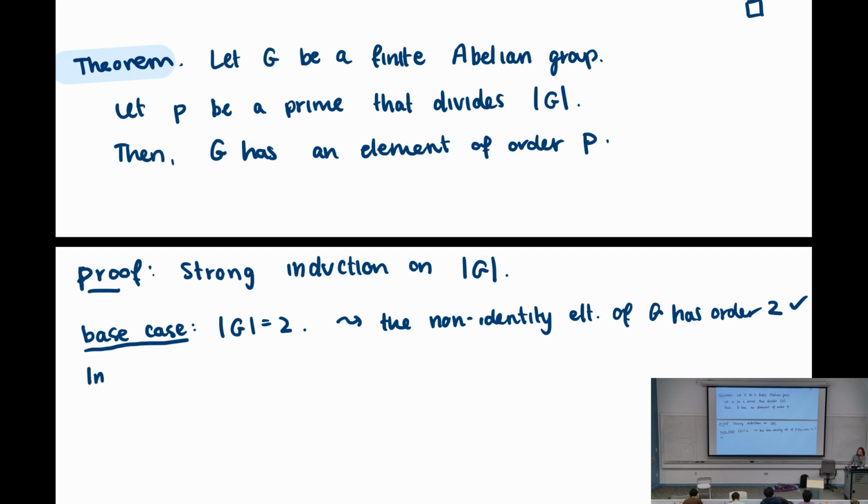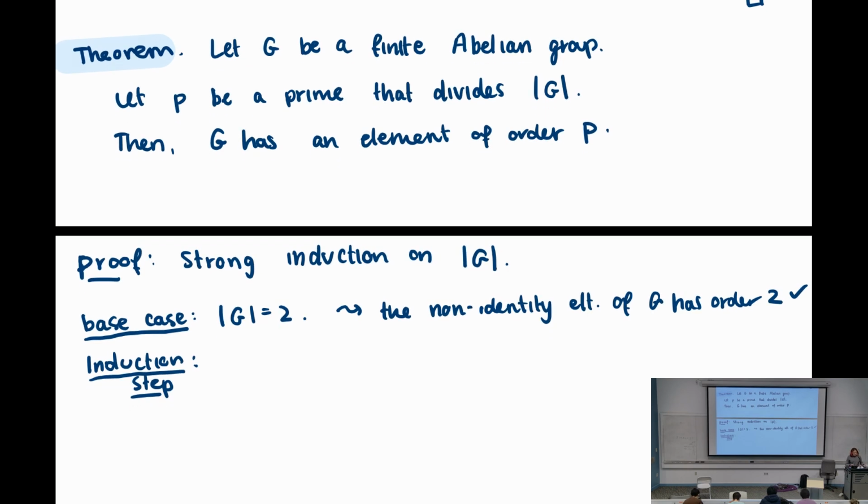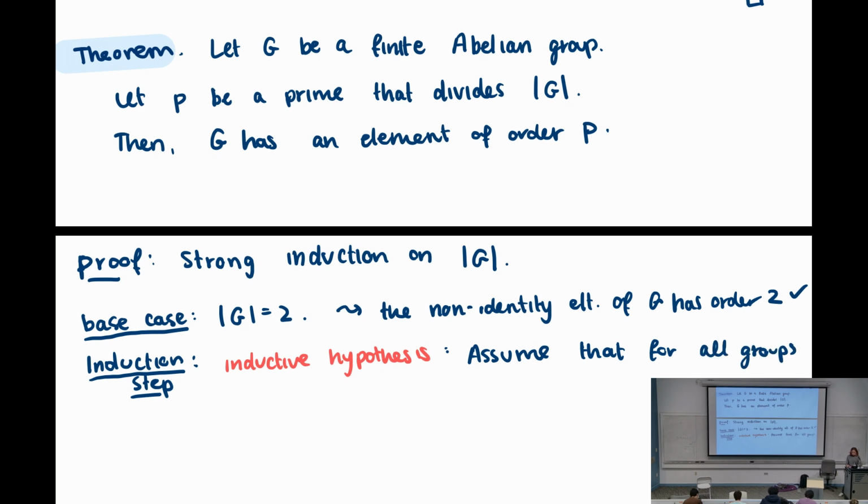Okay, so then for the induction step, we're going to have the following inductive hypothesis. We're going to assume that for all groups with order smaller than the order of G, this statement is true.